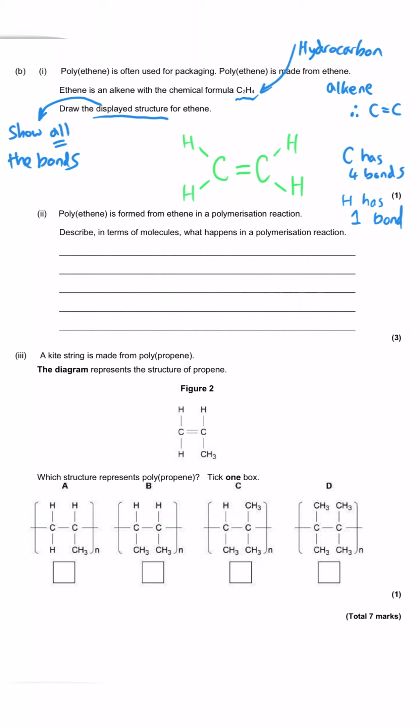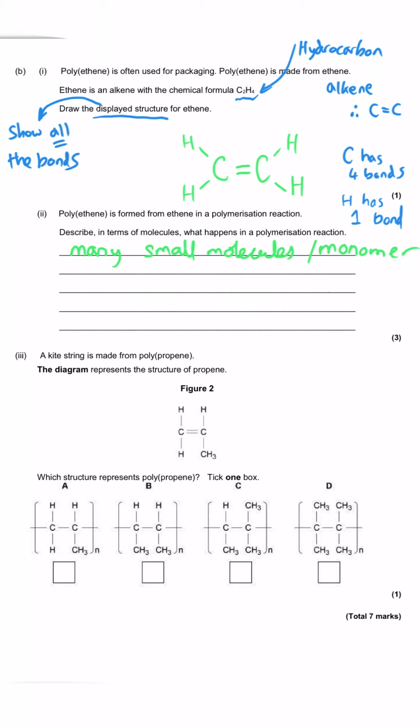And then the question moves on to ask us about polymerization as a process. Now, polymerization is where you take many small molecules, and these small molecules are called monomers. And these monomers take their name in 2 parts. So first of all, mono means one, and mer means part.